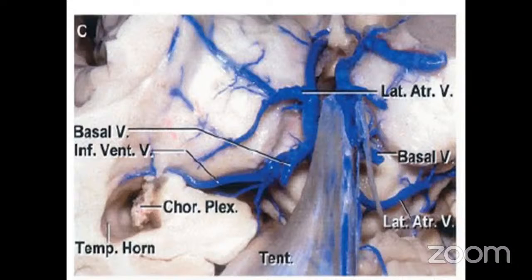In this diagram, we can see the inferior ventricular vein that arises between the lower part of the pulvinar and the fimbria, and it courses forward and drains in the distal part of the internal cerebral vein.